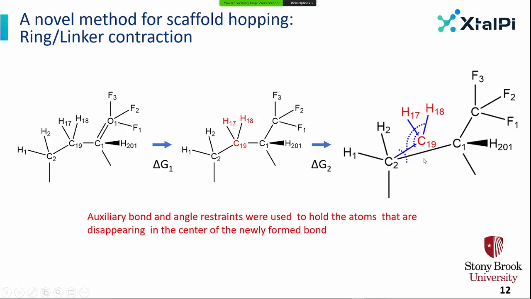At the same time, we will add bond angle restraints to hold the contracted part in the exact center of the newly formed bond. And if there is any hydrogen in the contracted part, the angle restraint will keep everything in the right geometry to maximize the phase space overlap.